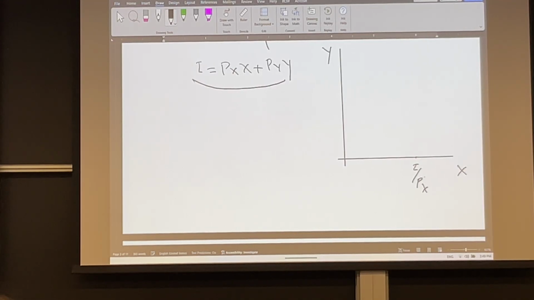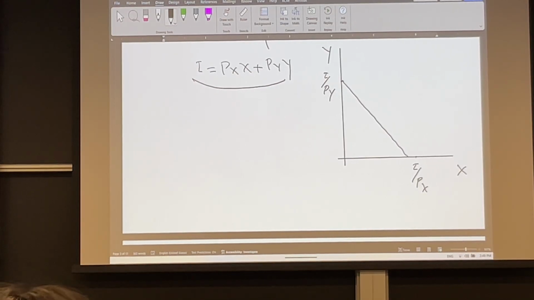Yes. Makes sense? What's the other end? I over Py. If you connect them, what's the slope of that line? I know it's negative, ignoring the sign. What's the slope of it? It will be the relative price. Make sense? That's the dotted line.